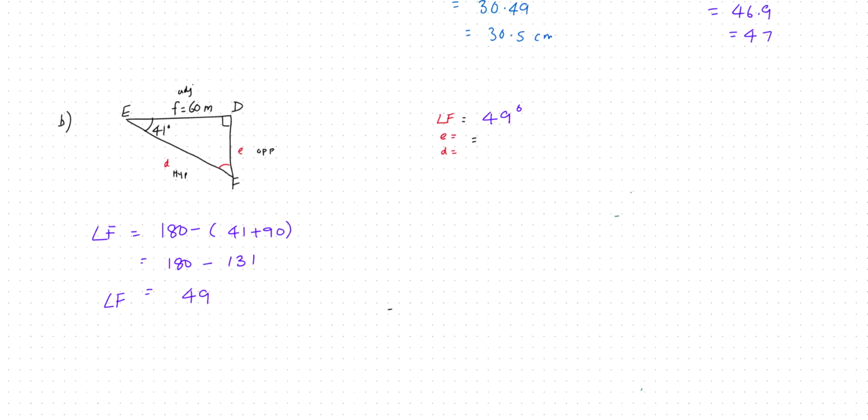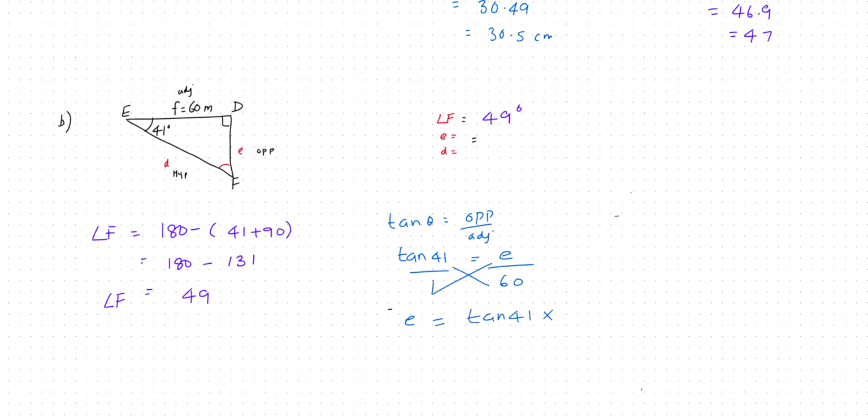Tan theta is opposite upon adjacent. So angle is 41, so we can write tan 41 equals opposite is E and adjacent is 60. Right? So cross multiply, E times 1 is E equals tan 41 times 60.